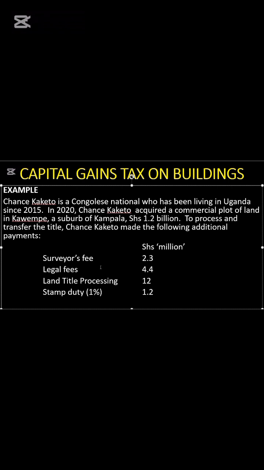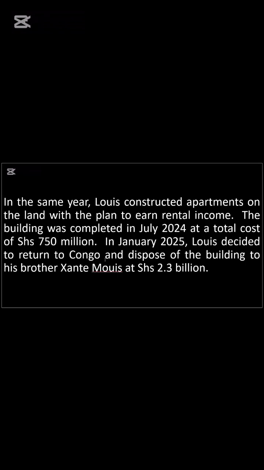Here they are giving us figures in millions. Surveyor's fee 2.3 millions, legal fees 4.4 millions, and land title processing 12 millions, stamp duty 1% of the cost, which is 1.2 millions.